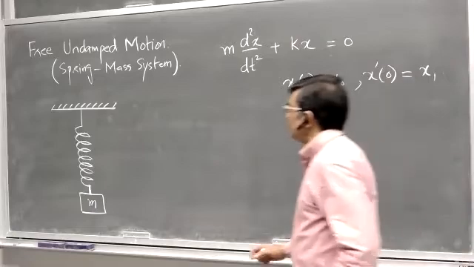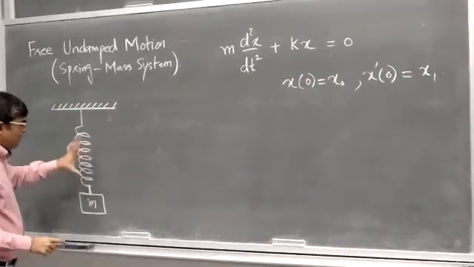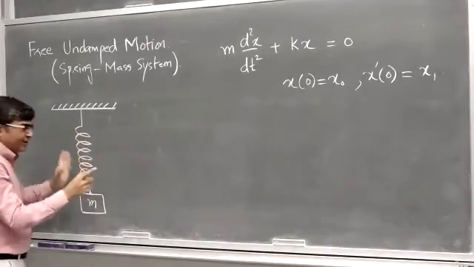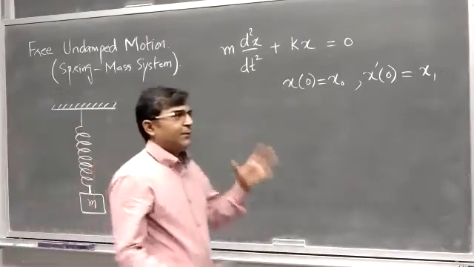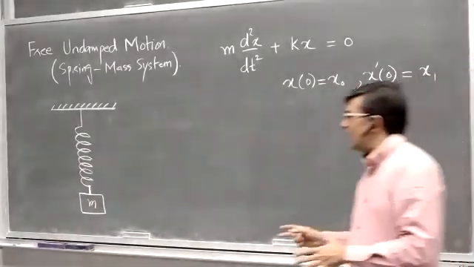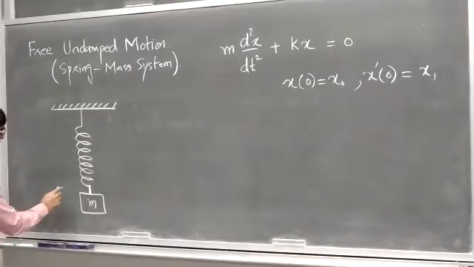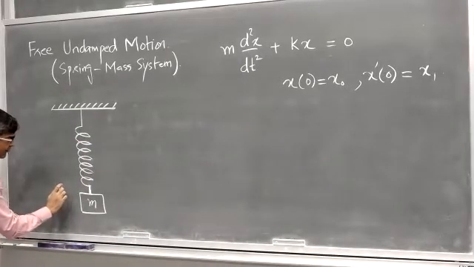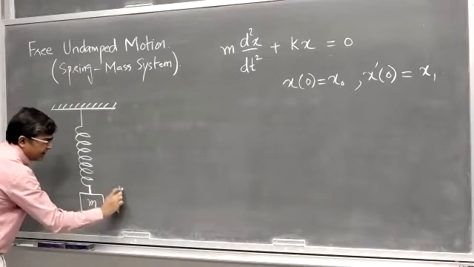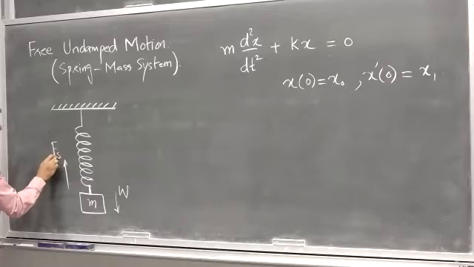In fact, we assume that there is no other force acting on this spring. There is no frictional force. We assume that the spring mass system is in vacuum because there are no frictional forces applying on it. There were only two forces: the weight force W and the restoring force, which we call Fs.